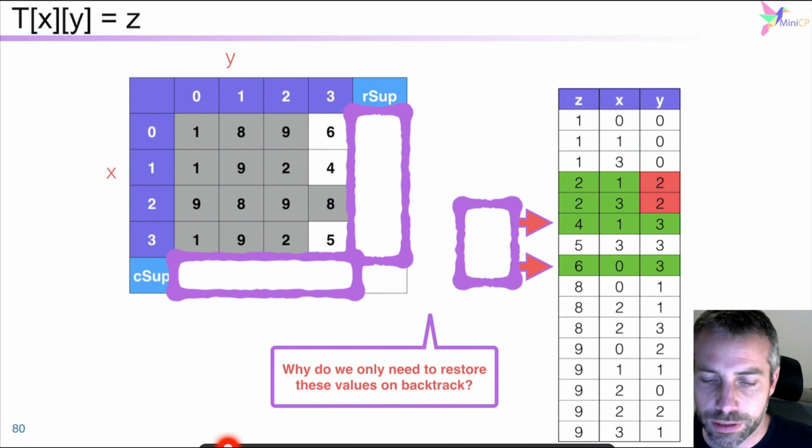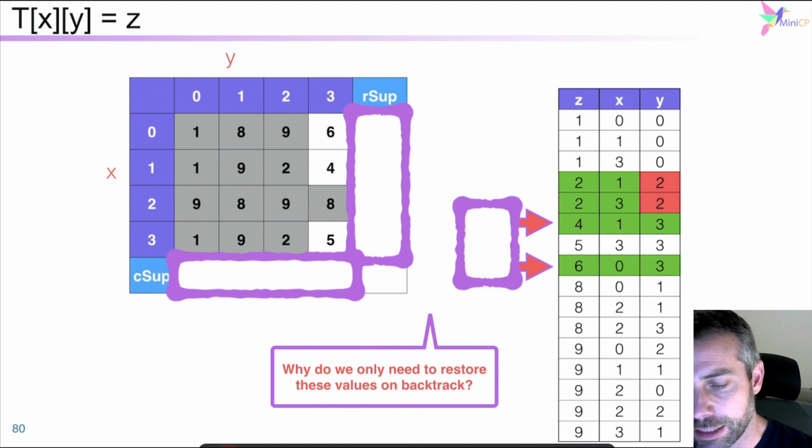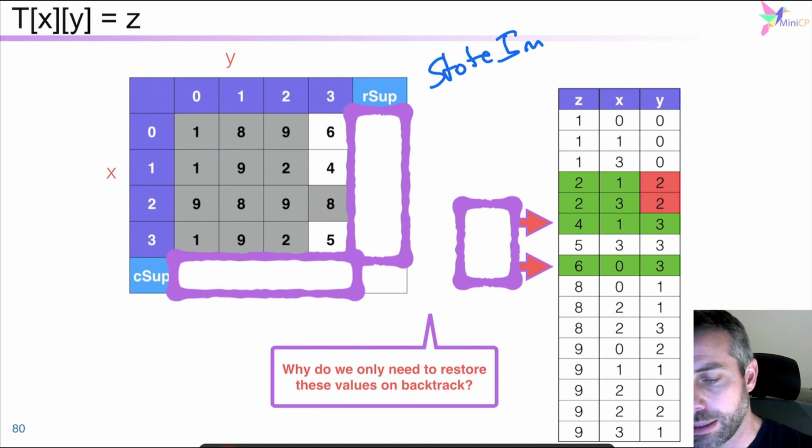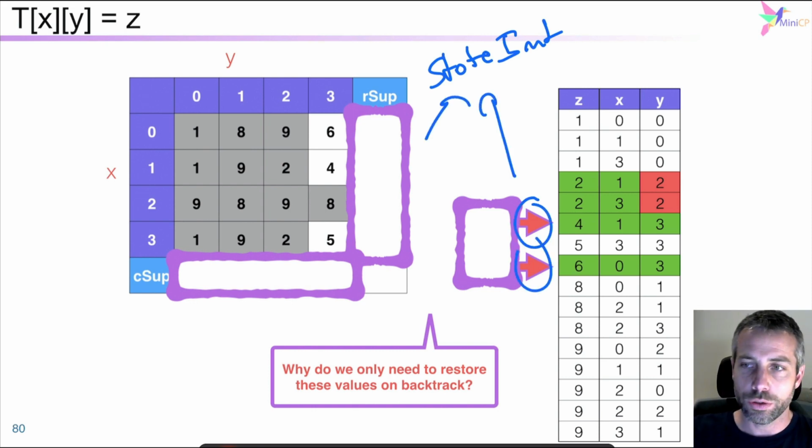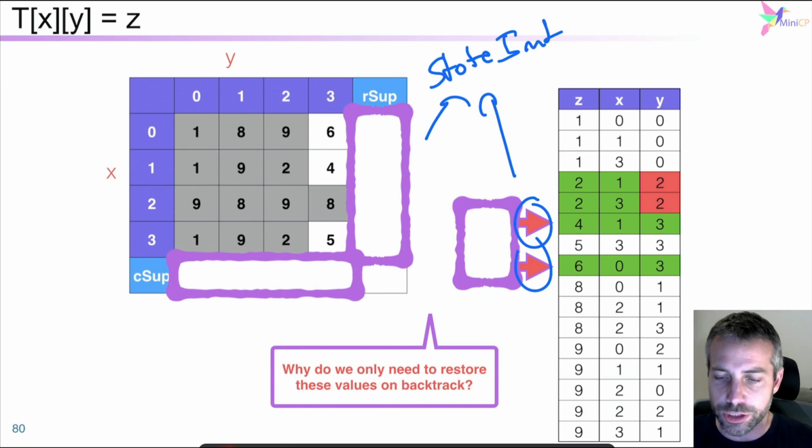These two counters, one counter per row and one counter per column, will be stored as state integers. And these two pointers will also be state integers. So all that will be of type state integer, so that when you go down in the search tree, you will only remove values, and so you will only decrease the counters.